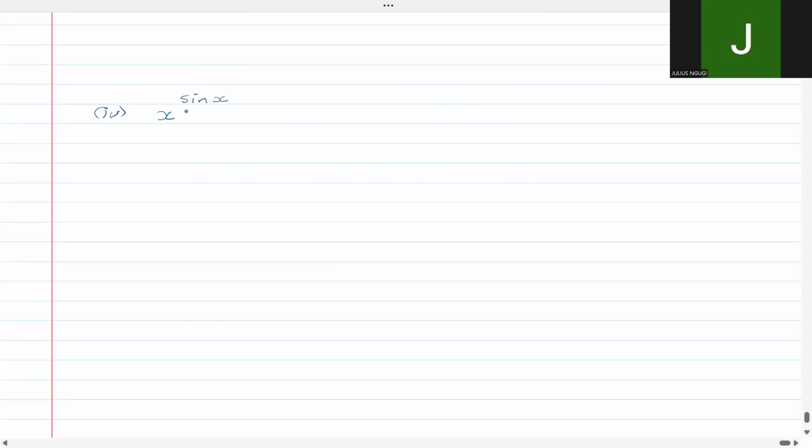Finally, for this section, number 4: y equals x to the power of sine x. We can decide to use logarithmic differentiation, or we can use the exponential again. So let me use logarithmic differentiation.